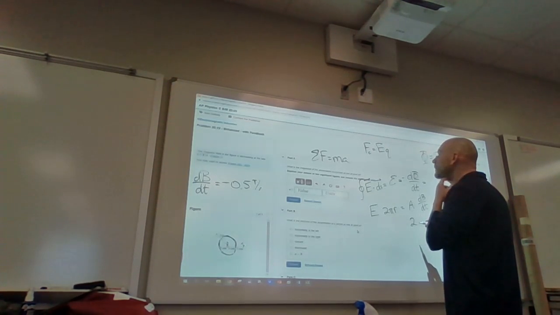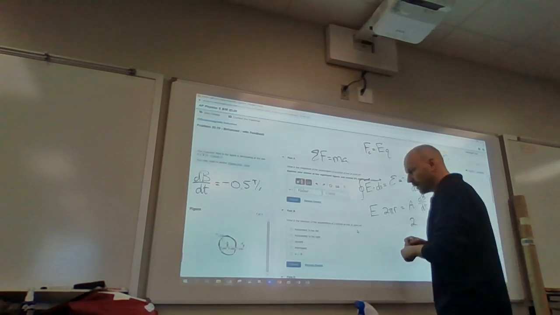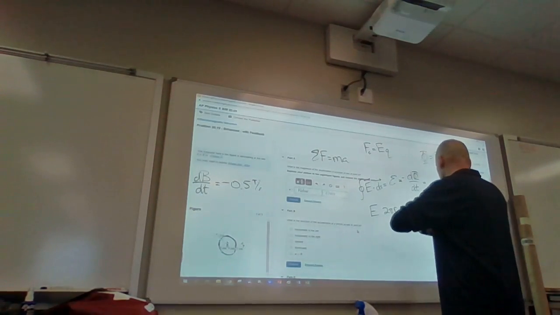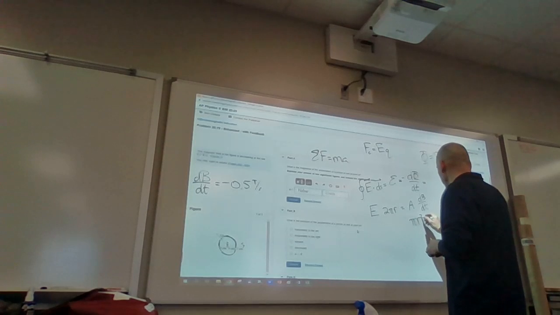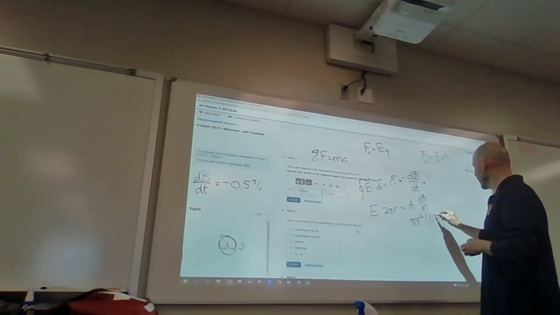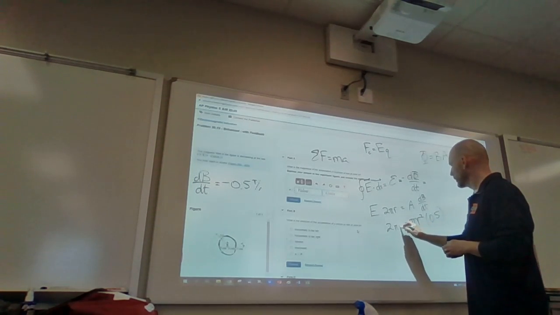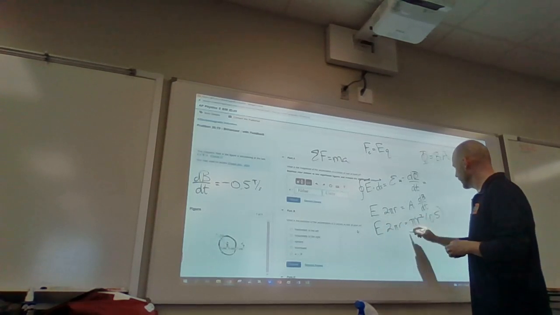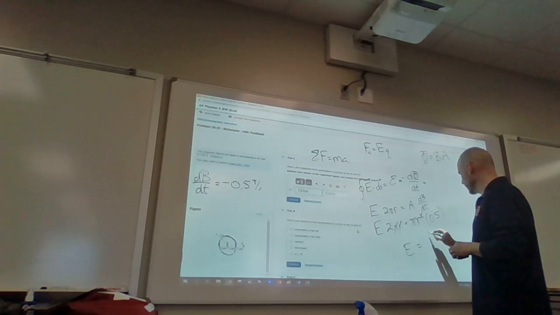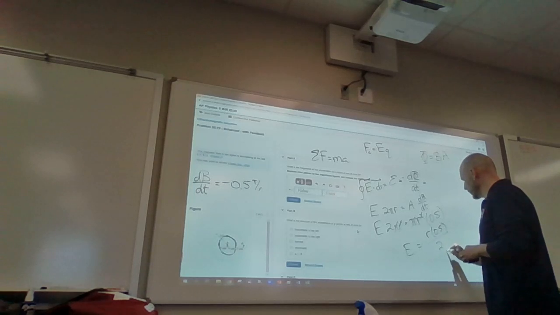Electric field. I'm going to try it. Eraser in my back pocket. So pi r squared. So this is just your 0.5. So the electric field is going to be equal to r times 0.5 over 2.